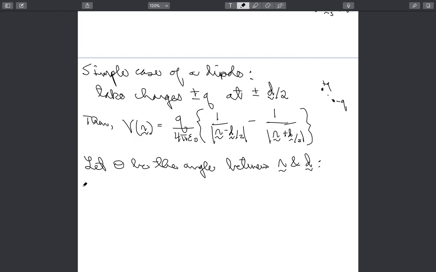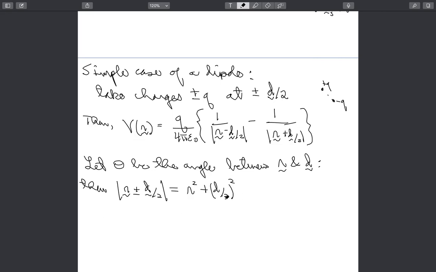In that case, if I look at r plus or minus d over 2, really I'm just doing this dotted into this. So this dot into that gives r squared, and then this dotted into that gives d over 2 squared.